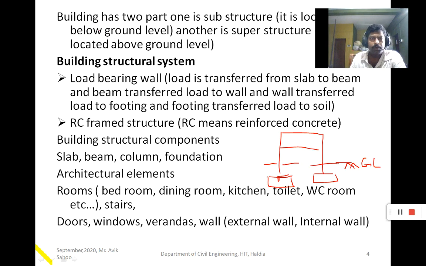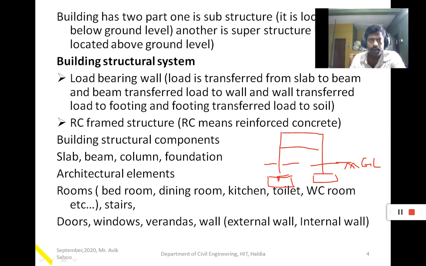As I have mentioned, the building has two parts. One is substructure, another is superstructure. The portion of the building which is located below ground level is called substructure, and the portion which is located above ground level is called superstructure.